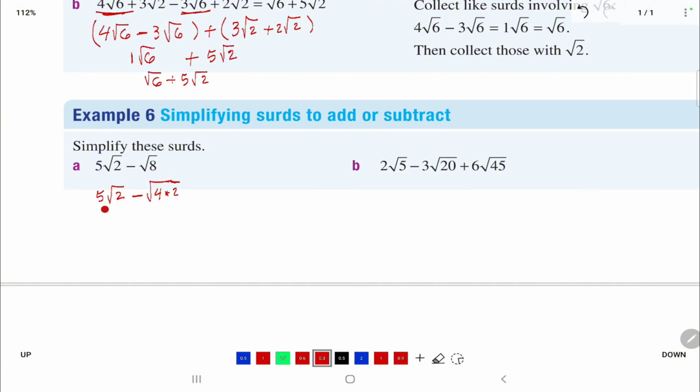Then 4 I can take out from the square root, it will be 2, and the 2 is left inside, so it is 5 under the square root of 2 minus 2 under the square root of 2, and it will equal 3 under the square root of 2.